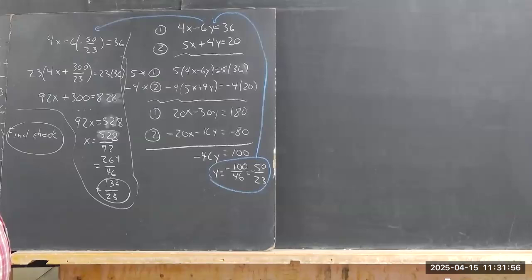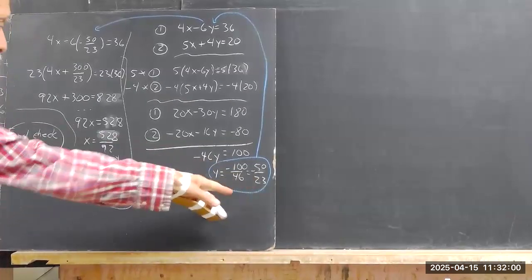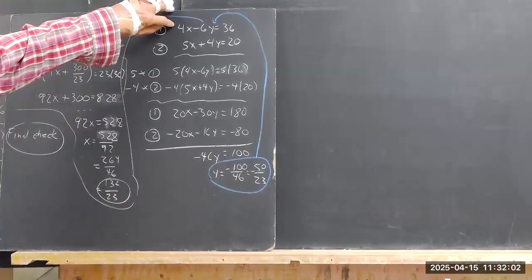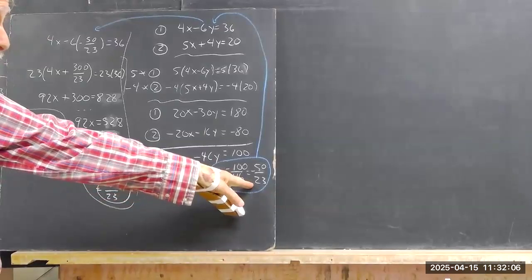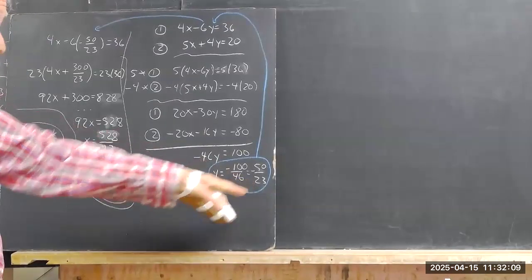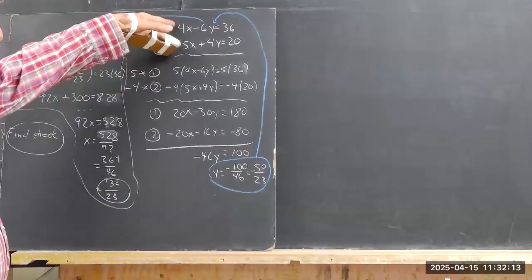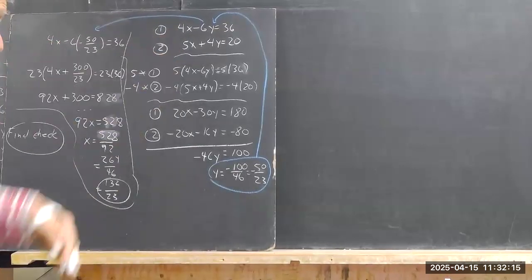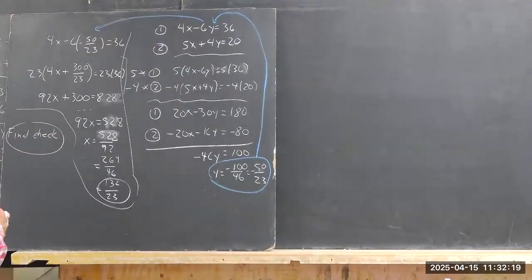If I made a mistake getting this number and then solve this equation correctly, I wouldn't have a solution to the system. So I've got to check the second equation.